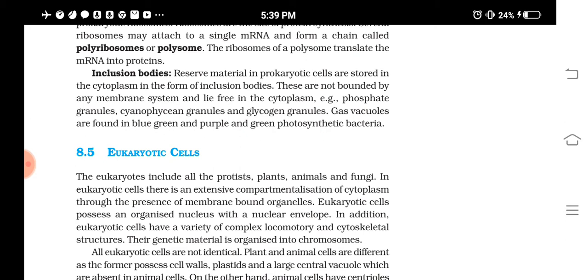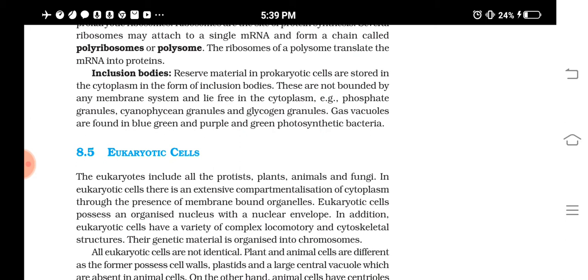Then you can see the genetic material is not present in a nucleus, but it is found in a particular area. That area is known as what? Nucleoid. And the genetic material is a single circular DNA. In some bacteria, in addition to this, there are extra-chromosomal DNAs, known as plasmids.